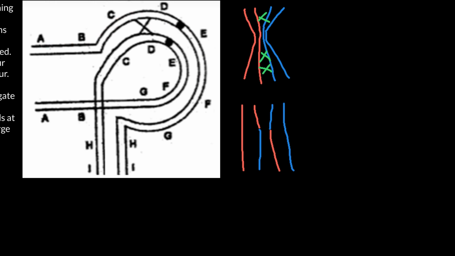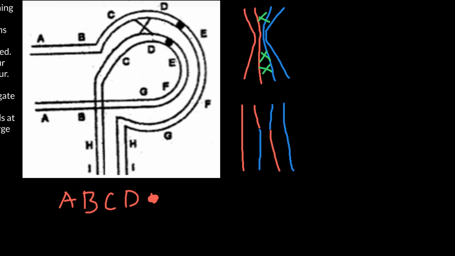First let's write down the sequence of one of the chromosomes here. The sequence would be A, B, C, D, and here is the centromere, so let's put a dot here to define the centromere.